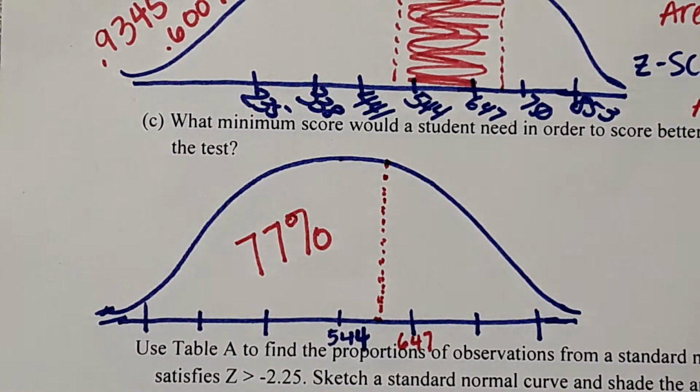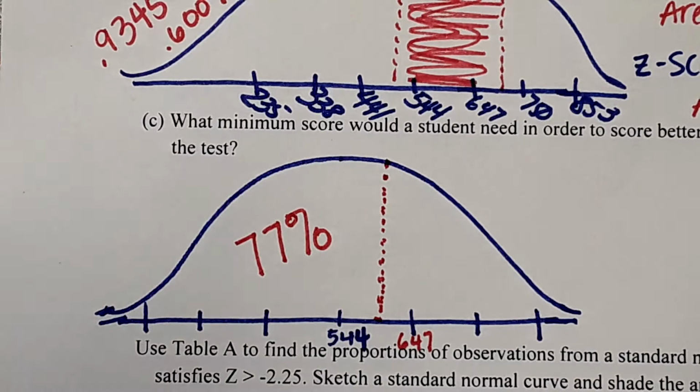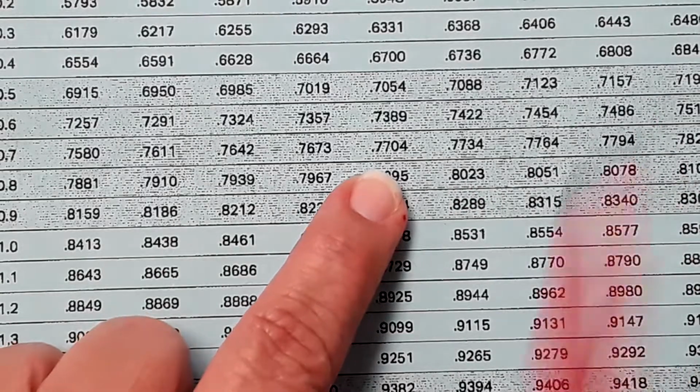We're going to use the chart, and then I'm going to show you how to use your calculator. So we're looking up 0.770. We're looking up 77%. You want to get as close as possible.